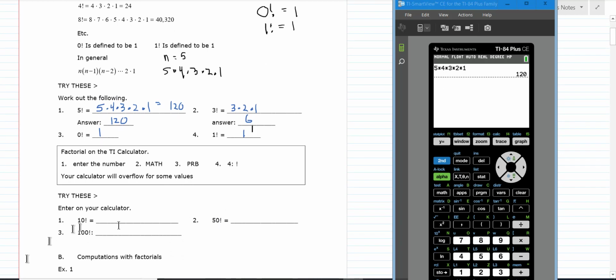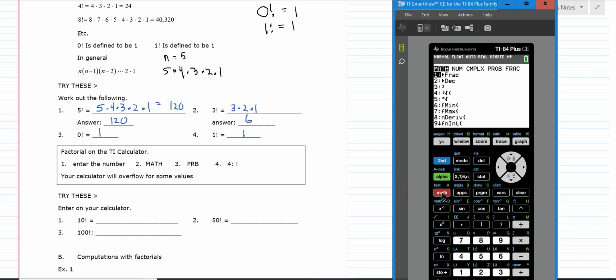So let me show you how we can do these on the calculator. First of all, you enter the number. So let's do these together. You go 10, enter the number. Then you press the math button. Then you go over to where it says PRB or PROB on my calculator. Then you find option 4, and you just press enter.